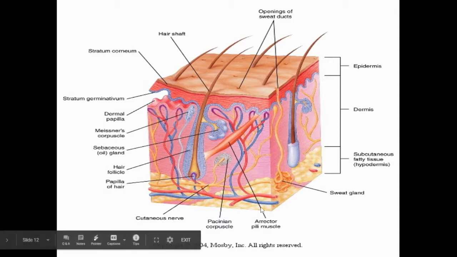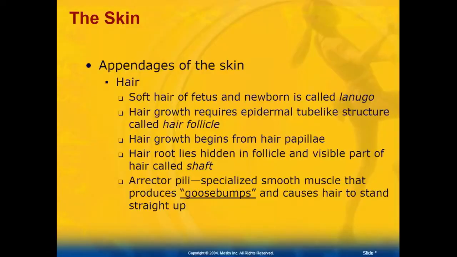Okay, let's cover this sweat gland here. We talked about the hair follicle being underneath the skin. The hair shaft is on the outside. The hair papillae is where it grows from. The erector pillae contracts, which causes the straightening of the hair and gives the goosebumps.